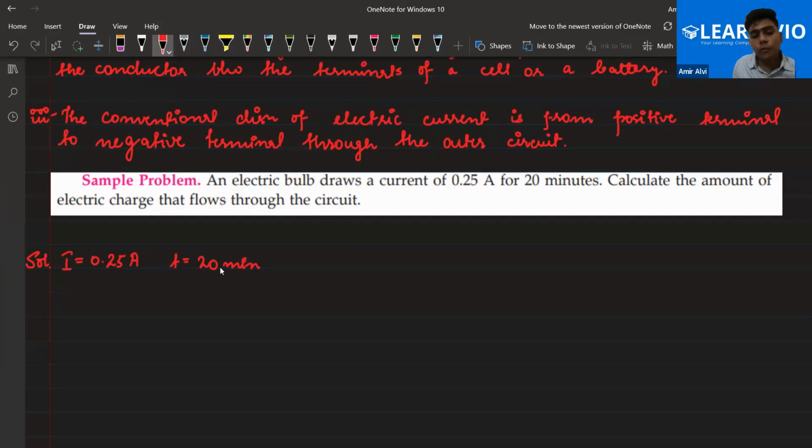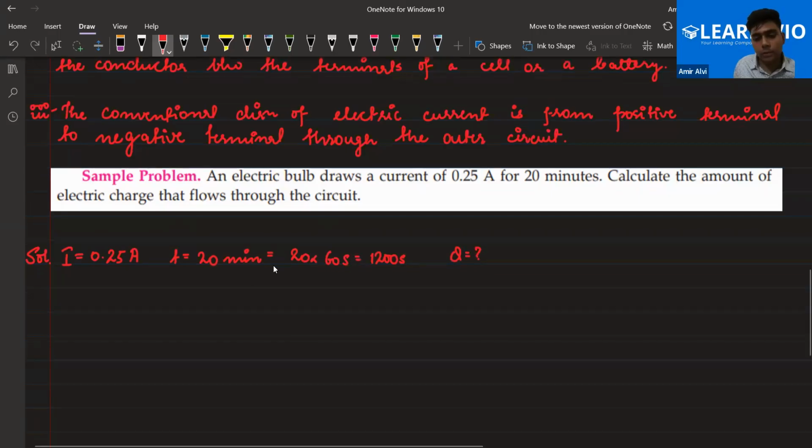Is the SI unit of time minutes or seconds? Second. So I have to convert it into seconds. 20 into 60 seconds, that comes out to be 1200 seconds. Now we need to find the charge flowing through the circuit.